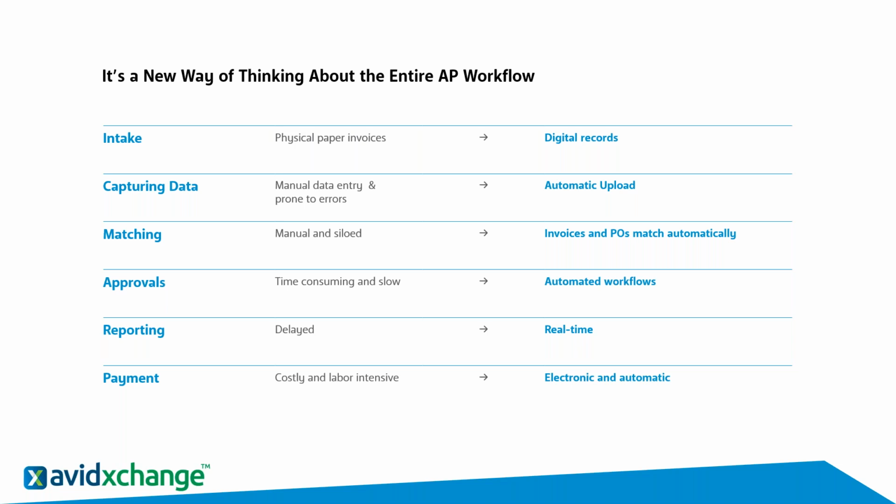Approvals, no more manual approvals. They're all sent electronically to the approvers to visually see these invoices digitally with an image to approve. And by the way, most automation companies will have re-ping reports that will continually ping those approvers if they have not approved these invoices, so you don't have to manually monitor those folks to get those invoices back. Reporting, no more delays.